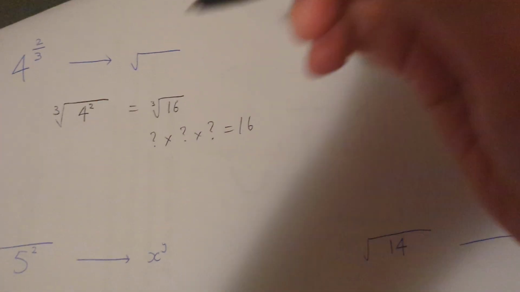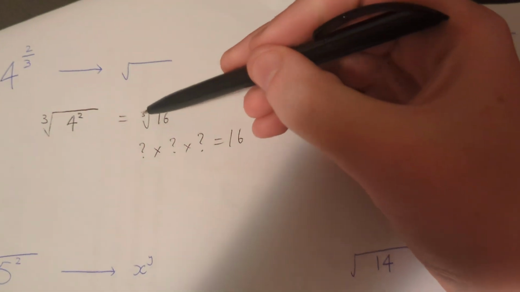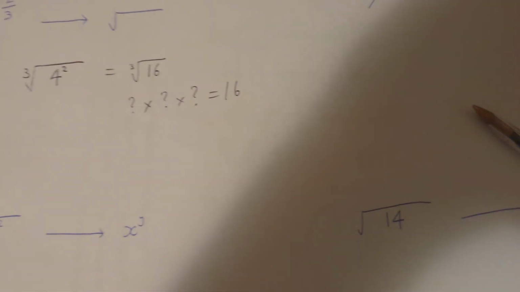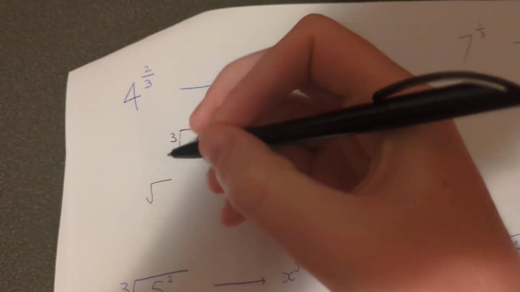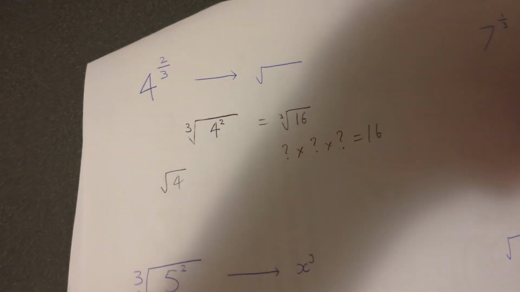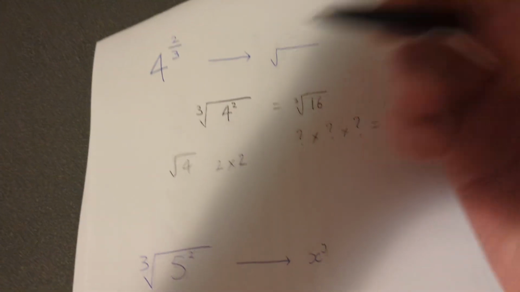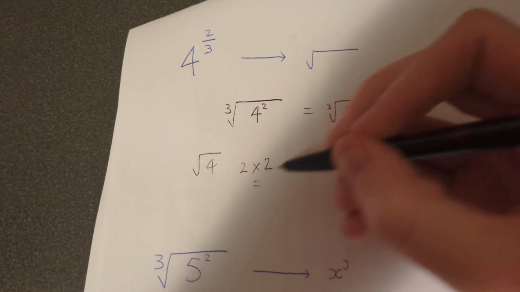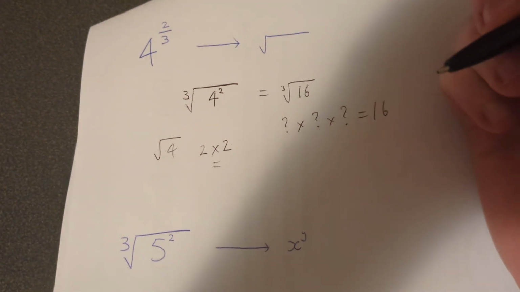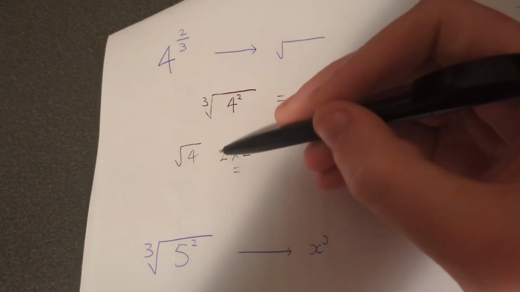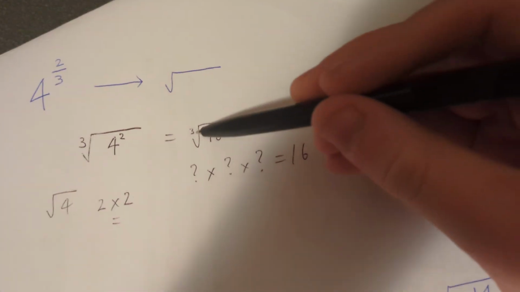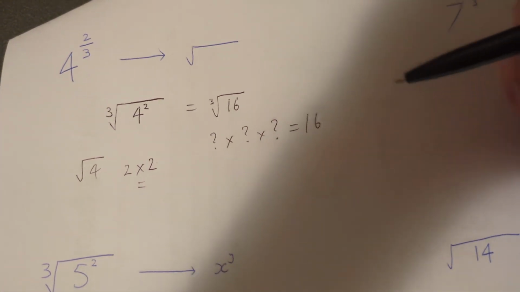And the reason there's 3 question marks there is because it is the cube root. If we do something like the square root of 4, something times something has to equal 4. And obviously the square root of 4 is 2. There are 2 numbers here, that's why it is a square root. 2 numbers got to equal 4. Cube root, you're doing something times something times something equals 16.